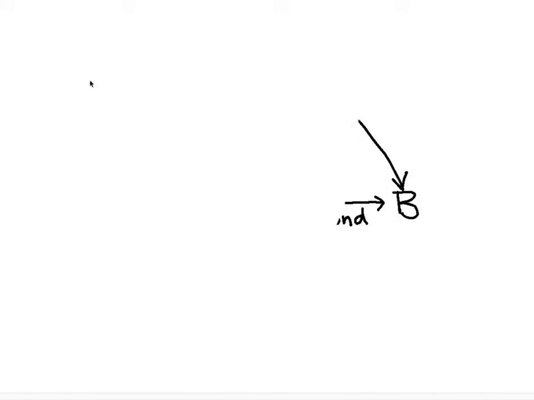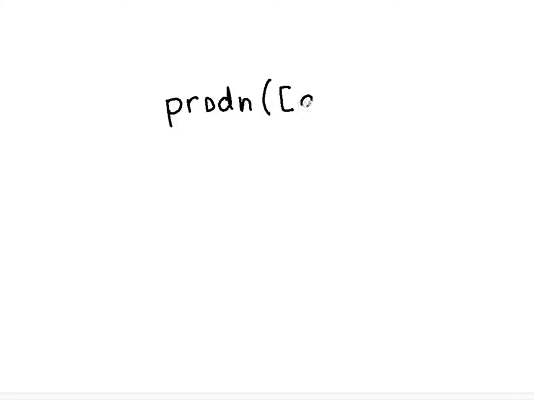We showed that you could get products using prod n A, B, where A and B were contracts.